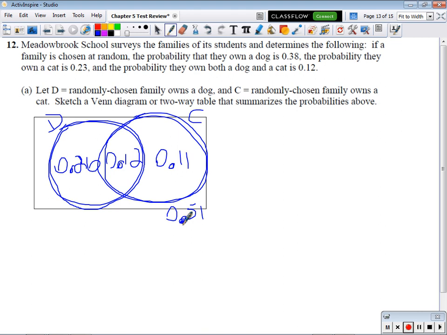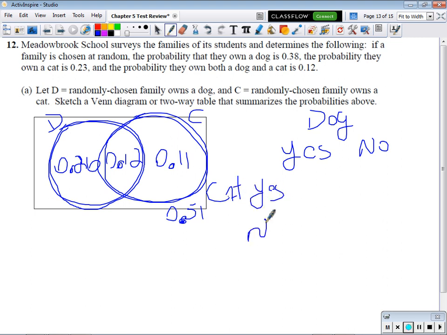If you did a two-way table, you would have the probability someone owns a dog, and we would say yes or no for that. And then you have someone owns a cat, and we'd have yes or no for that. So when it says that 38% of people own a dog, I'm just going to draw my lines here.